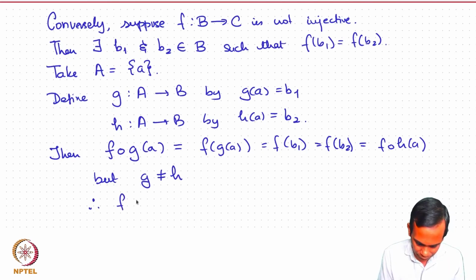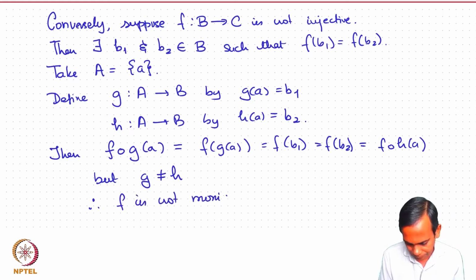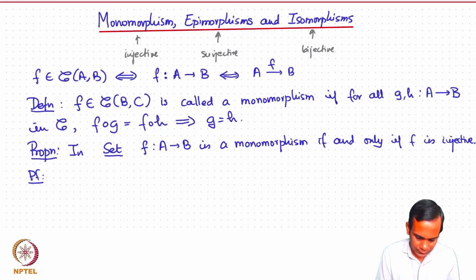Therefore, F is not monic. So we have completed the proof of this result that in the category of sets, an arrow is monic if and only if it is injective.